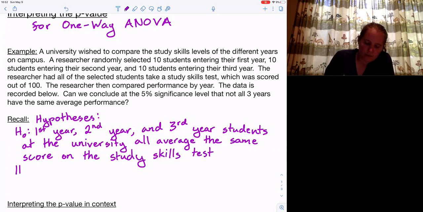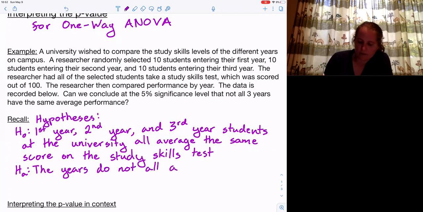And the alternative hypothesis was essentially that they do not all average the same score. So the years do not all average the same score.